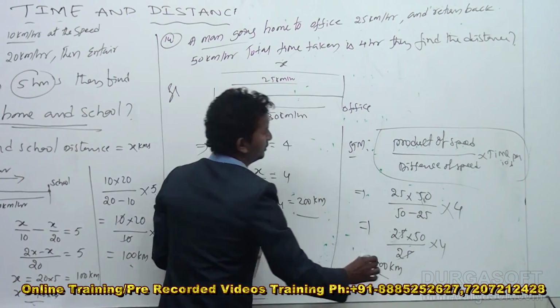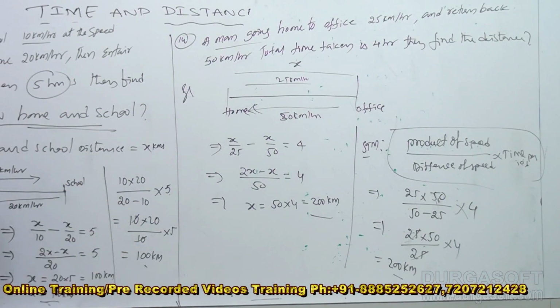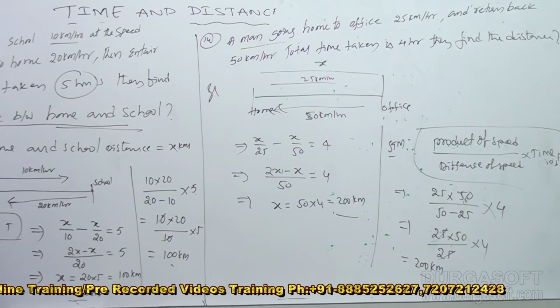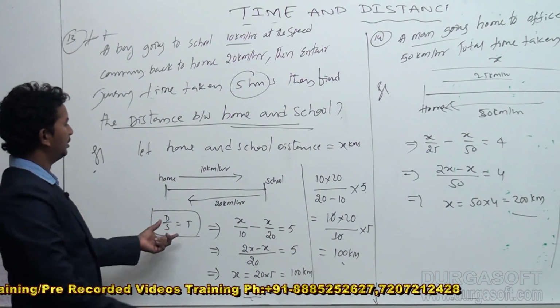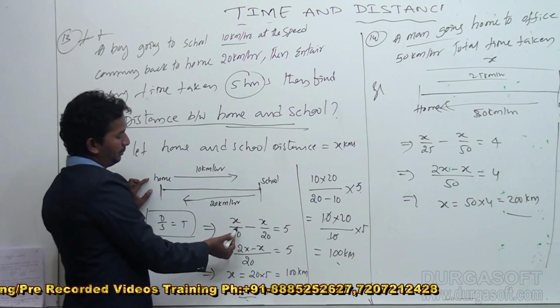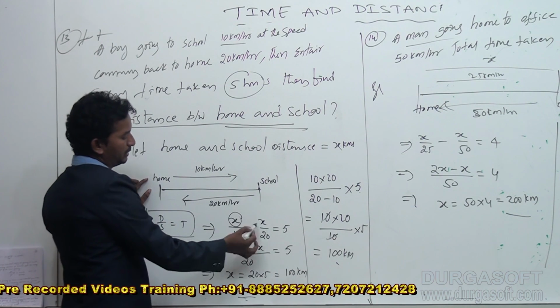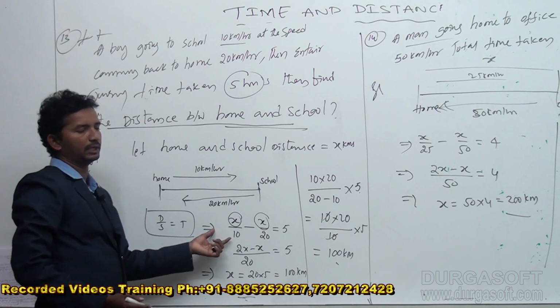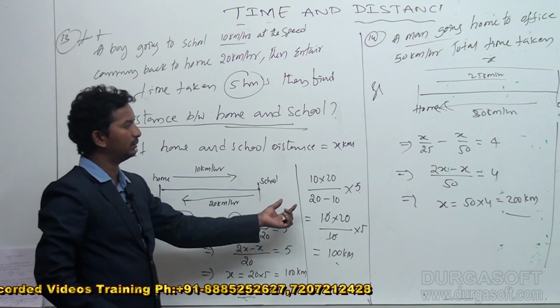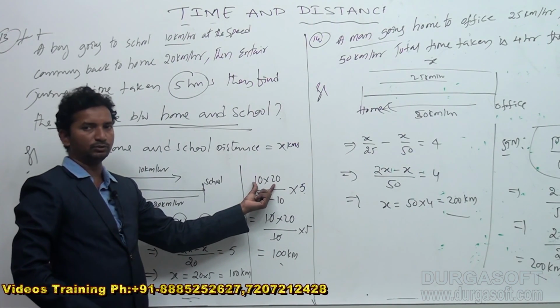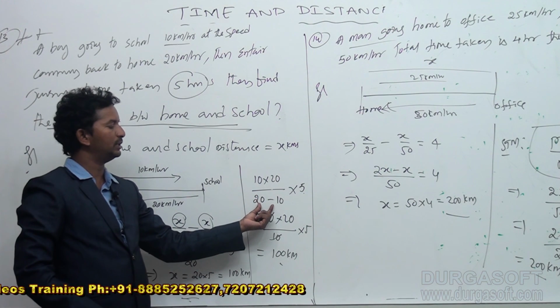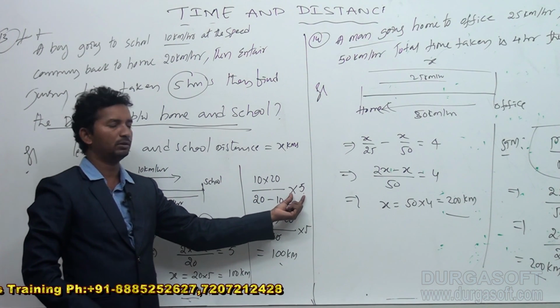Now you see these two problems are the same, only the approach differs. In one, I take the distance as constant. Otherwise, use the shortcut method: the product of the two speeds, 10 into 20, divided by the difference of the speeds into the time period.